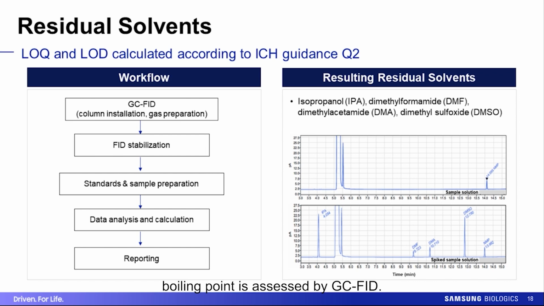Solvent with high boiling point is assessed by GC-FID. So as you can see on the right side, you can see the GC profile. It shows a good peak profile, and there are no peaks that interfere with the target region. And also, the upper chromatogram is the sample solution, and the lower one is the spiked sample solution chromatogram.